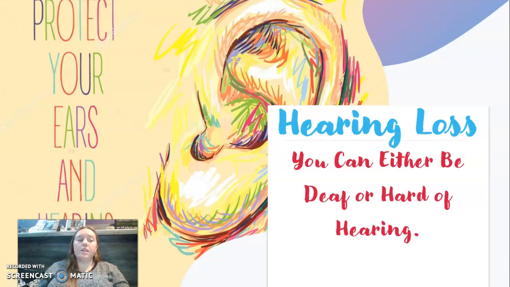Moving into hearing loss. So hearing loss is categorized as deaf and hard of hearing students. Hearing loss and impairments have 2 categories. The academic achievements of students with hearing impairments are dependent on the individual's characteristics as well as their parents' characteristics.